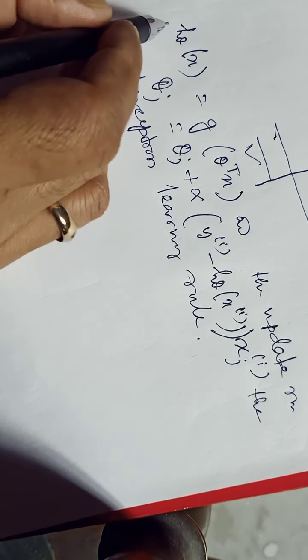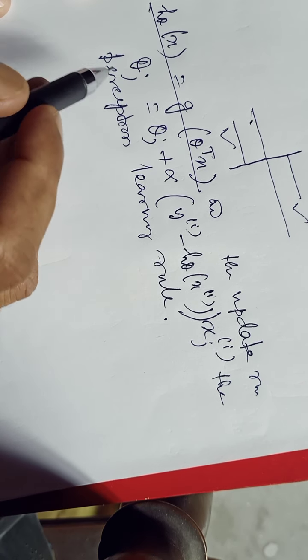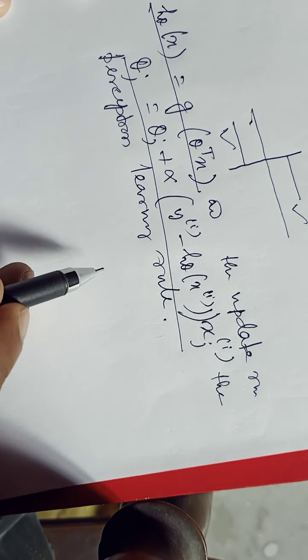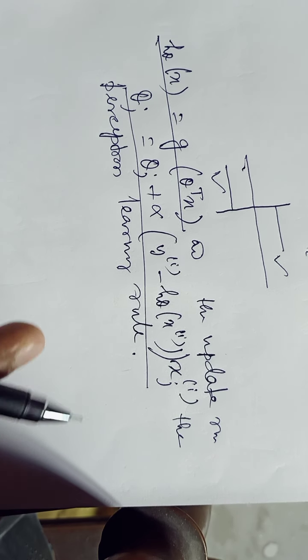Okay, so when we consider this value as the hypothesis function and theta as this update rule, we say that this is the perceptron learning rule.